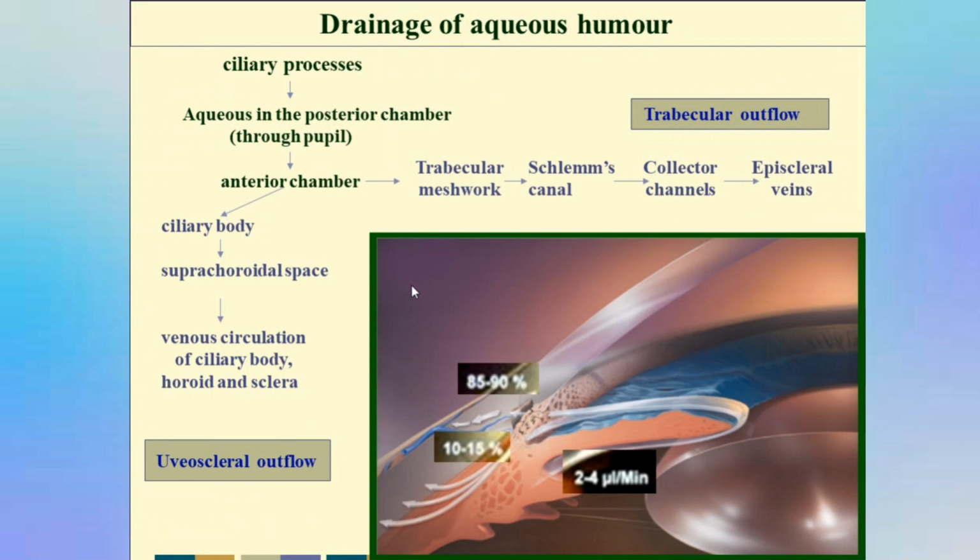Remember that aqueous humor is produced by the ciliary processes and enters the posterior chamber here. Then aqueous humor goes through the pupil and enters the anterior chamber.